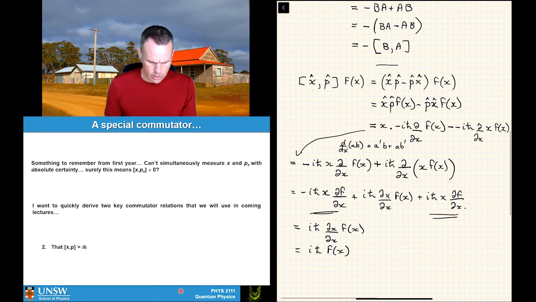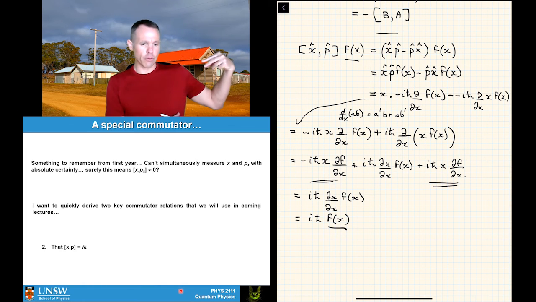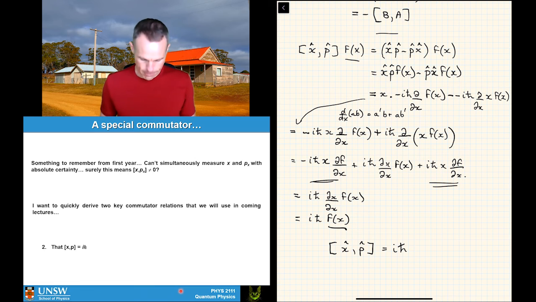Now what I can do is think back. At the start, I basically just put this f of x on the right, and here I've ended up with an f of x on the right, and what I can do is just remove it from the two sides. So what I've really got here is my commutator x hat p hat is equal to i h bar, okay?